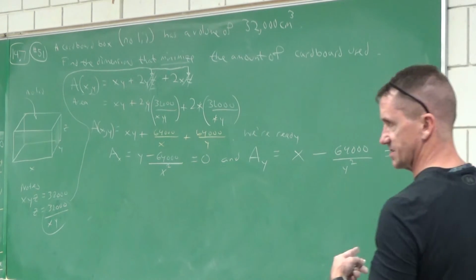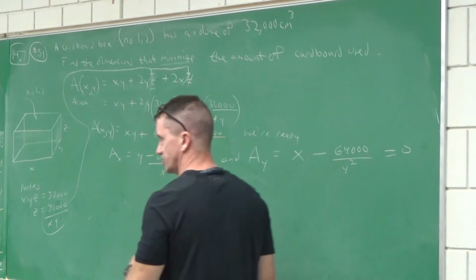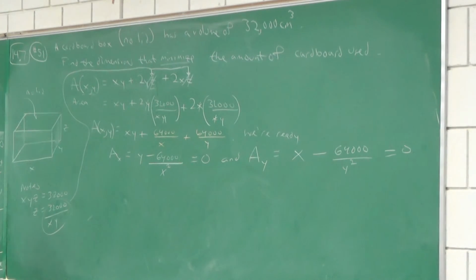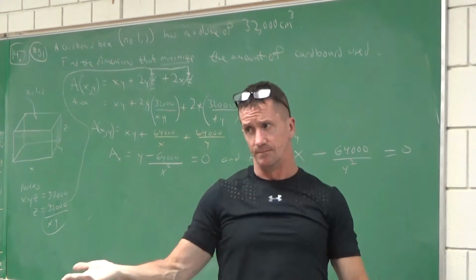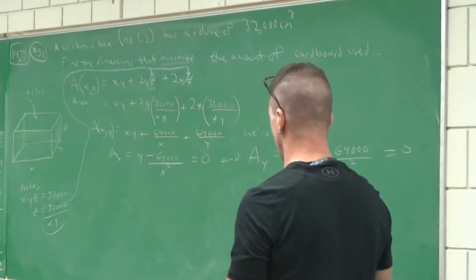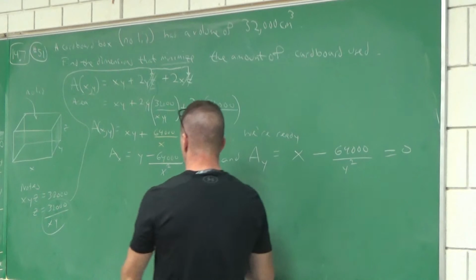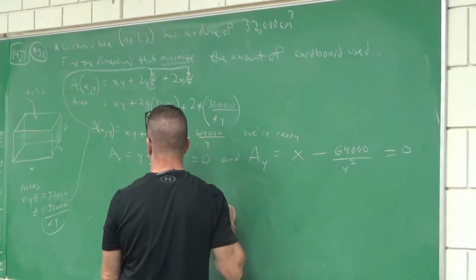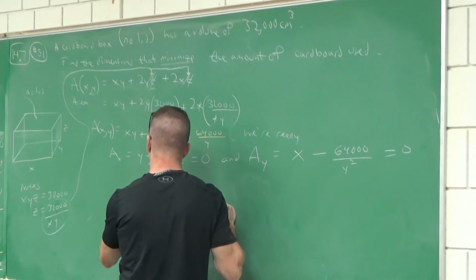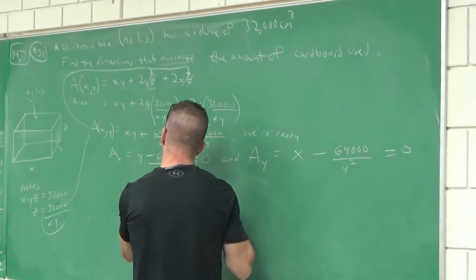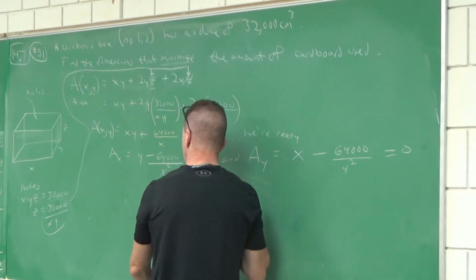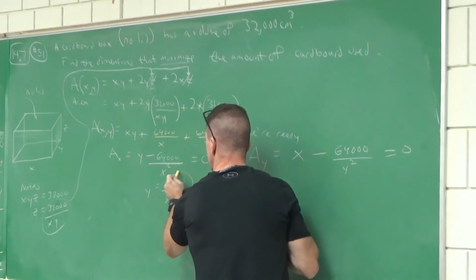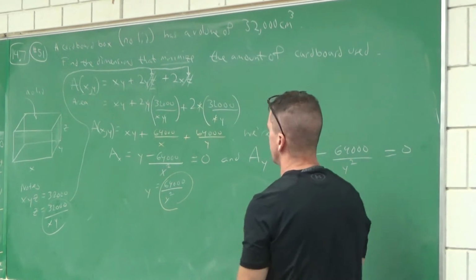And now it's just an algebraic manipulation game. Can we solve the system? We solve for one variable on one side and substitute it into the other. It doesn't matter which letter you solve for, really. I can solve for y here. What's y equal to? Y equals 64,000 over x squared. Where can I put that? I'm trying to solve this system.